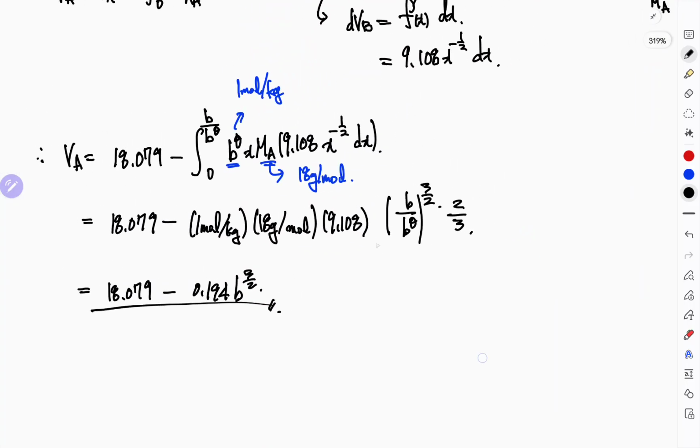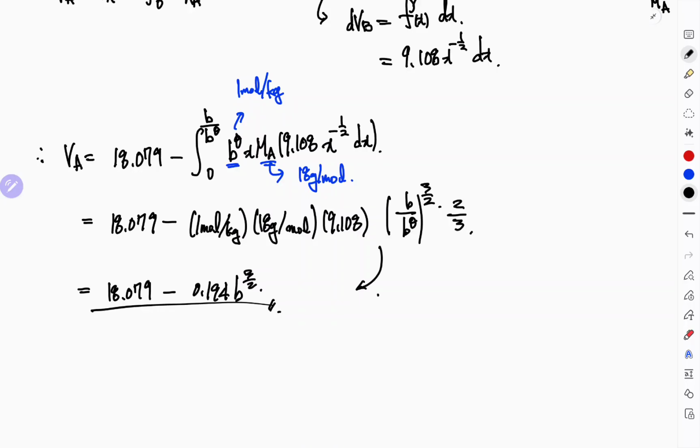Based on this V_B equation, we can get this V_A by the V_B equation. Let's see the graph here. So this is a water line for the molar volume of water, cubic centimeter per mole.